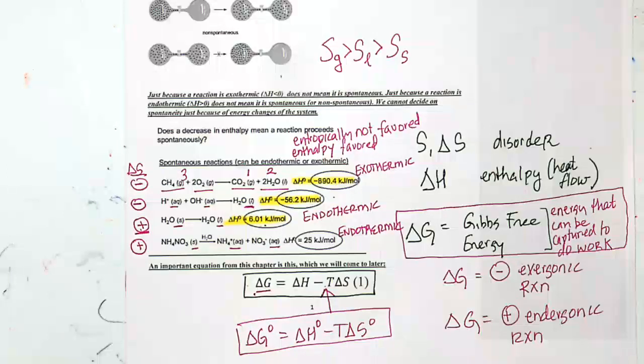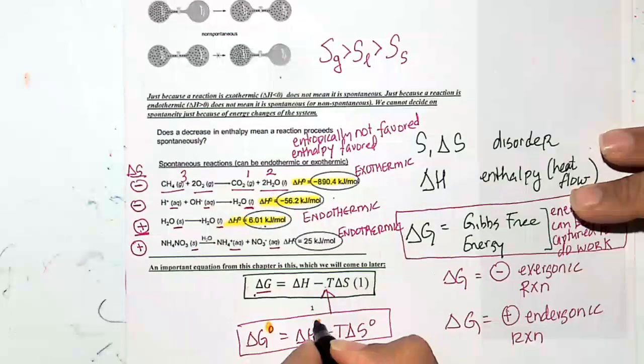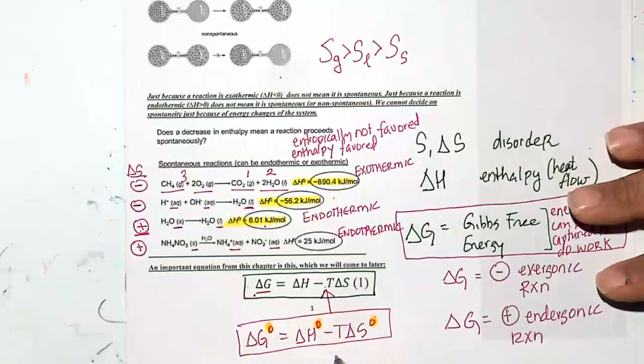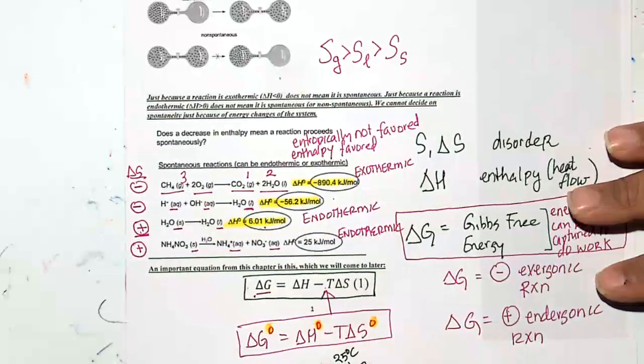Okay, this means standard state. Standard state conditions basically means that you can look up these values in the back of a textbook. I believe it's 25 degrees C. If you have a gas, it's at 1 atmosphere, and the reaction is conducted at 25 degrees.